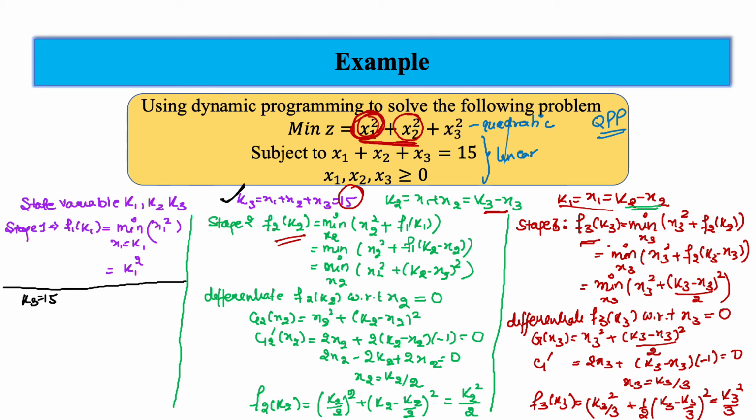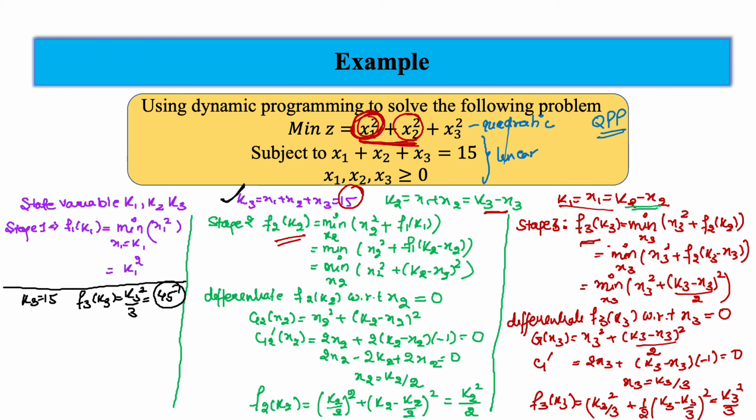So it implies that f3 k3 is k3 square by 3, which is nothing else but 15 square by 3. That gives us 45. So this is the minimum value of the objective function.